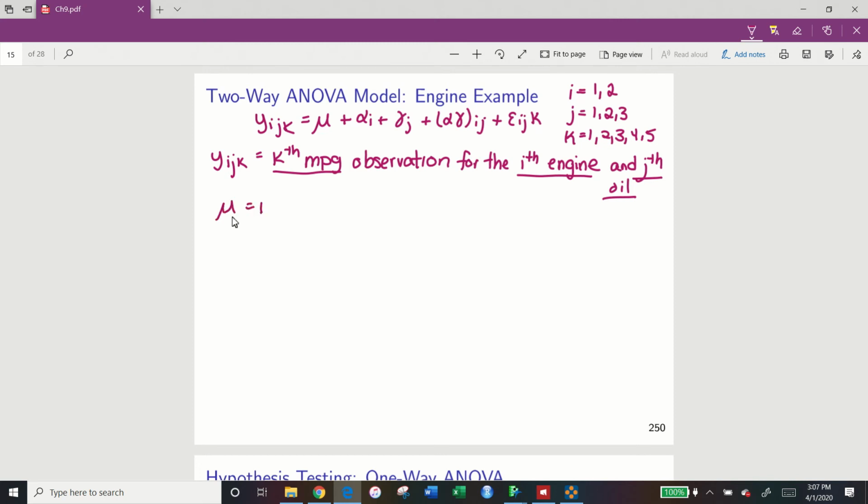Mu is the overall mean miles per gallon.